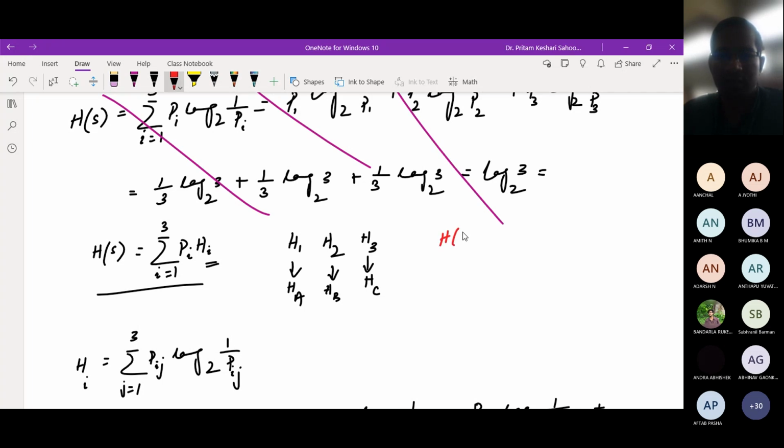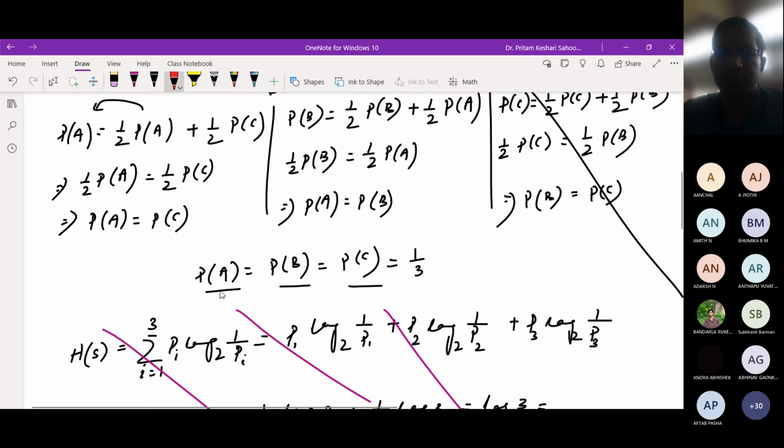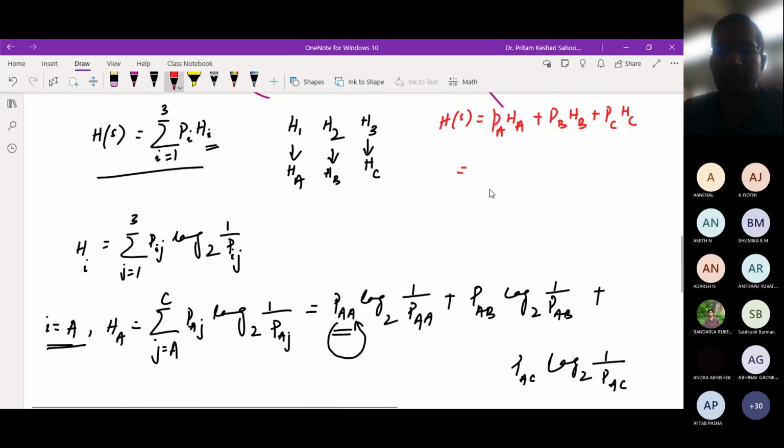H is now equal to, I will expand this summation, P1 H1, but here the states are not named as 1, 2, 3, they are named as A, B, C. So you can write P A H A plus P B H B plus P C H C. So what is P A? It is the state probability of state A. We have obtained probability of A equal to 1 by 3. So all states have probability 1 by 3.